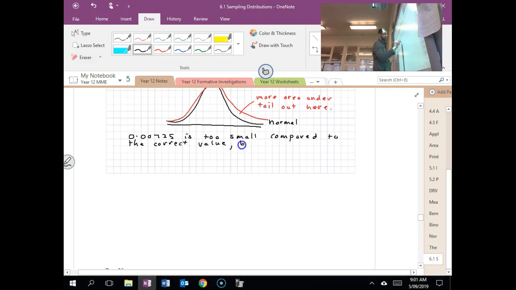And that's because x bar 4 is skewed to the right, and so has more area under the right tail compared to the normal.